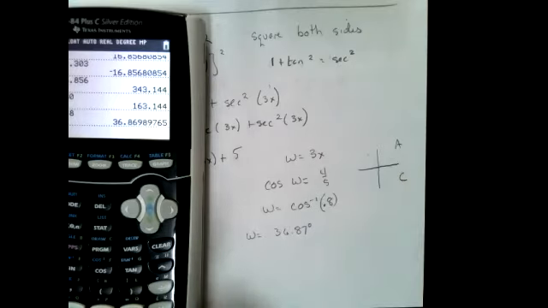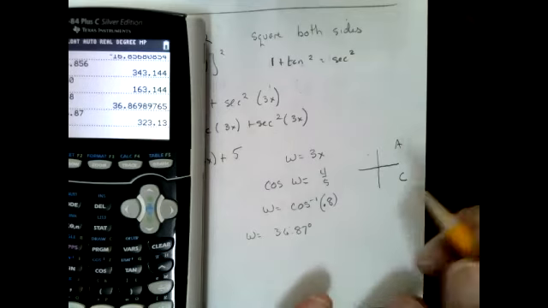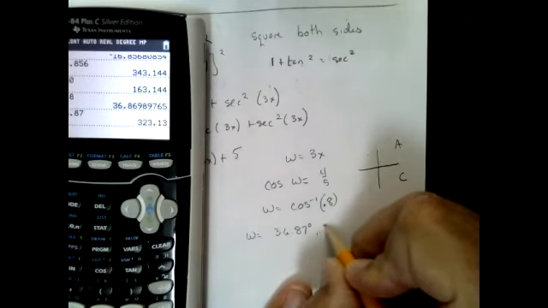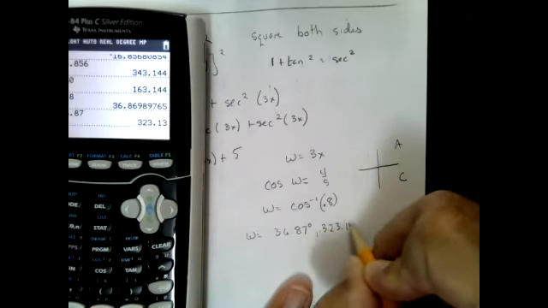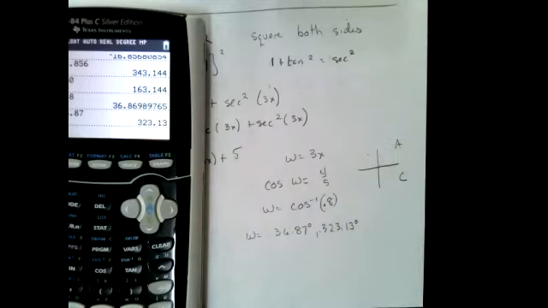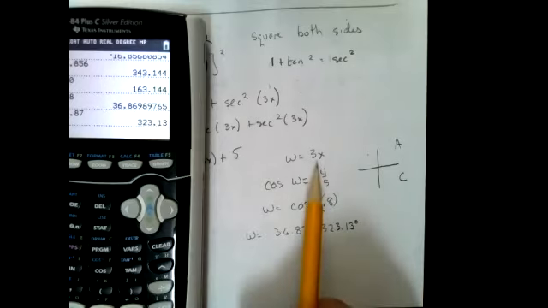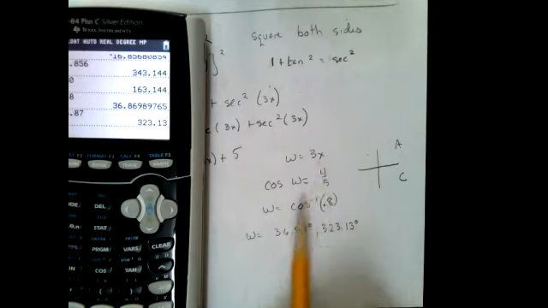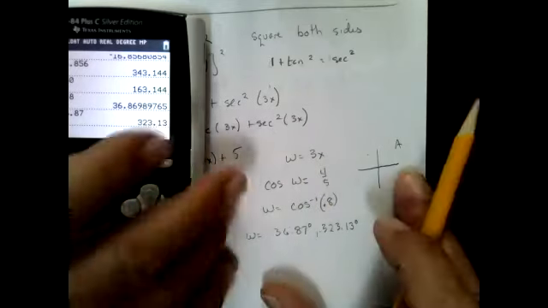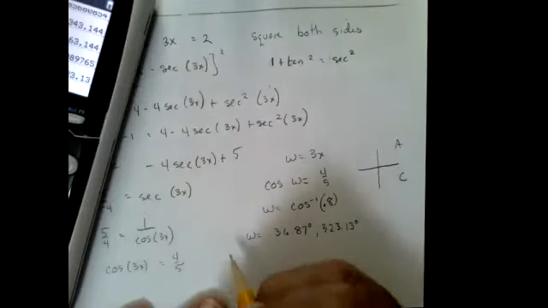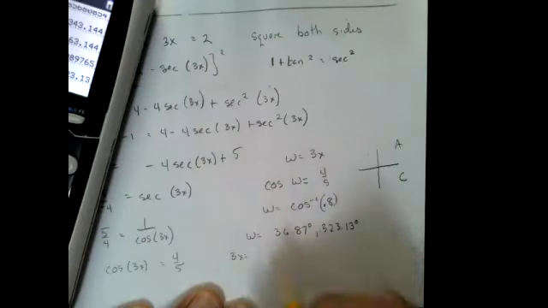The fourth quadrant is going to be 360 minus 36.87, which is 323.13 degrees. So I found my first 2 answers. Now I know my W is going to go around 3 times. So when I substitute back with 3x, I need to go around 3 times.